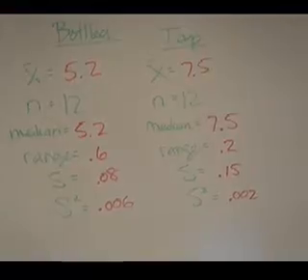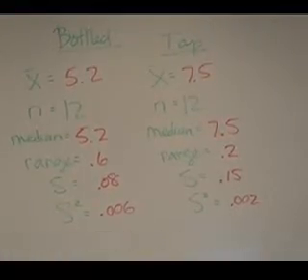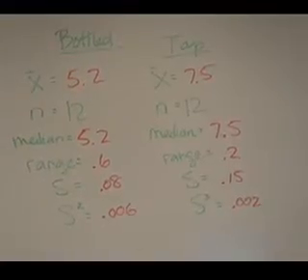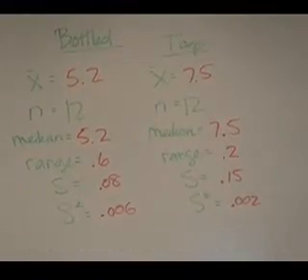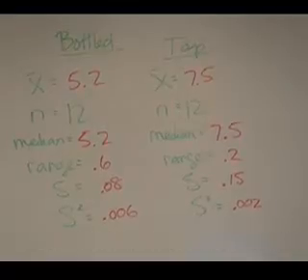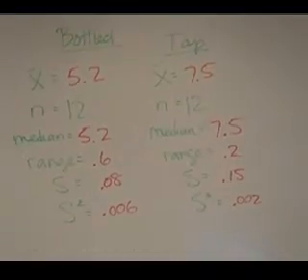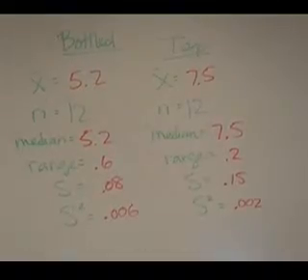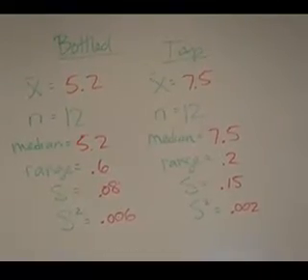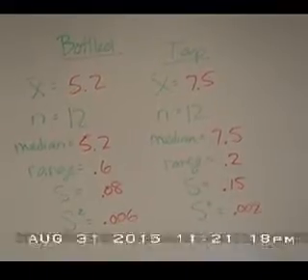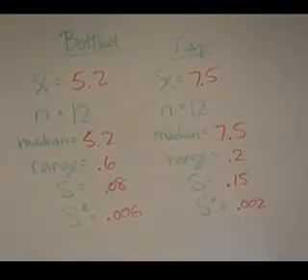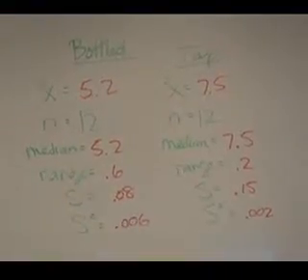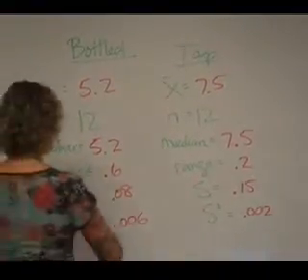Okay, so what do you think? How would you compare the mean acidity? The ranges are switched. Oh, okay, the ranges are switched. 0.2, 0.6.